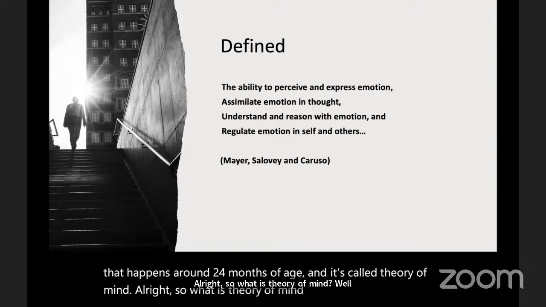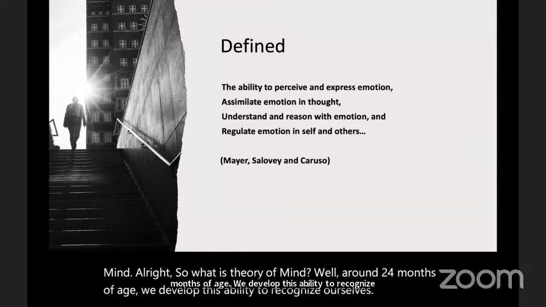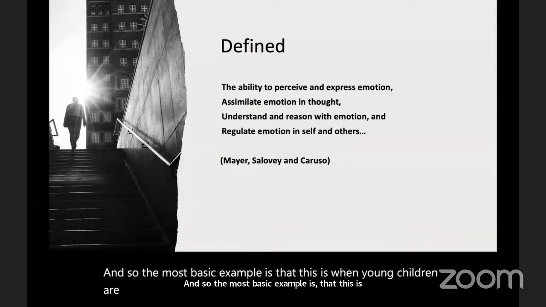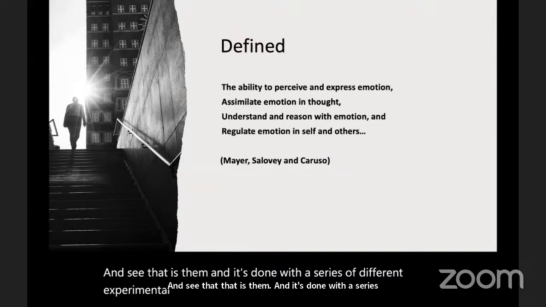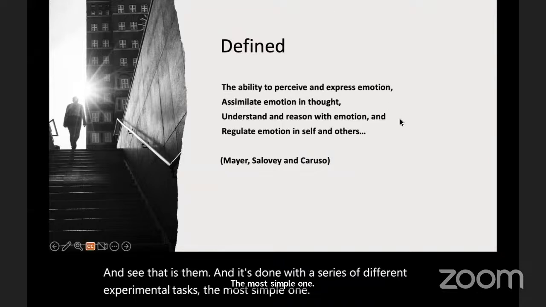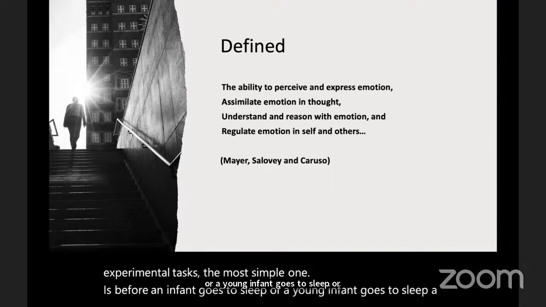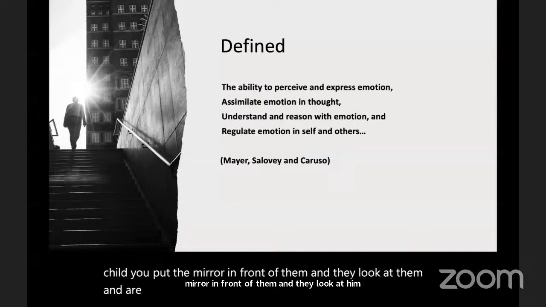Well, around 24 months of age, we develop this ability to recognize ourselves. The most basic example is that this is when young children are able to recognize themselves in a mirror and see that that is them. And it's done with a series of different experimental tasks. The most simple one is before a young infant goes to sleep, you put the mirror in front of them and they are just kind of staring.